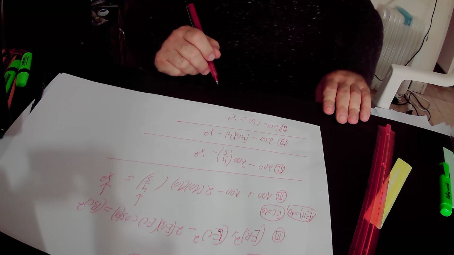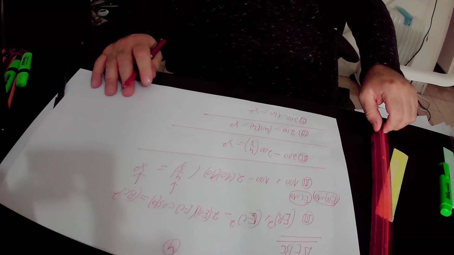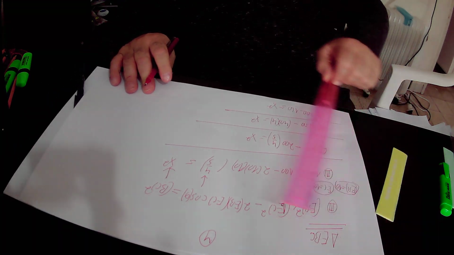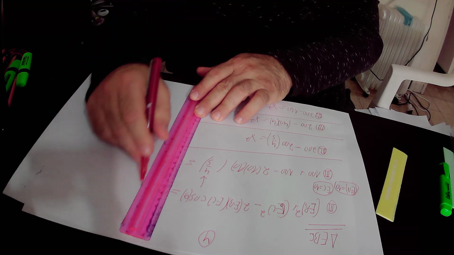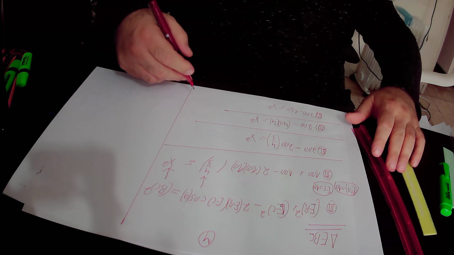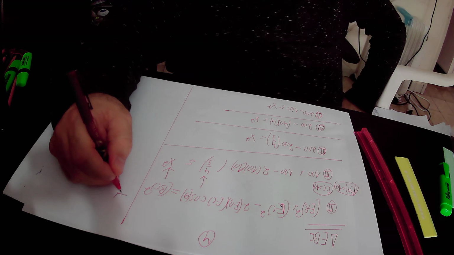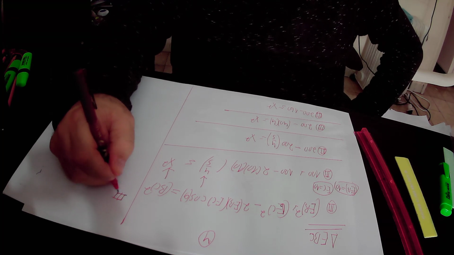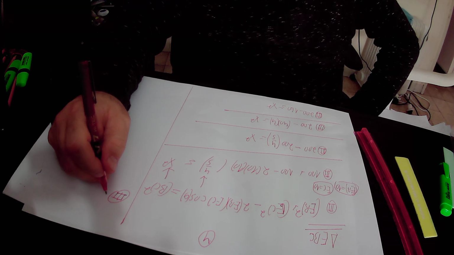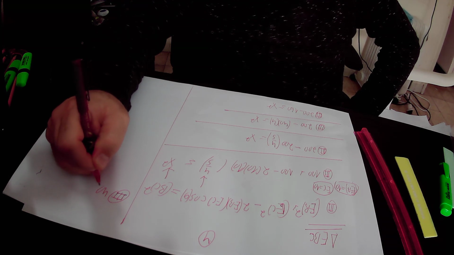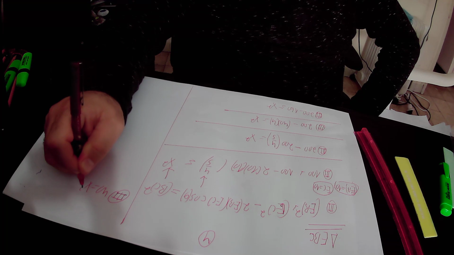So, in conclusion, we found out that, according to equation number 3, 40 equals x squared.